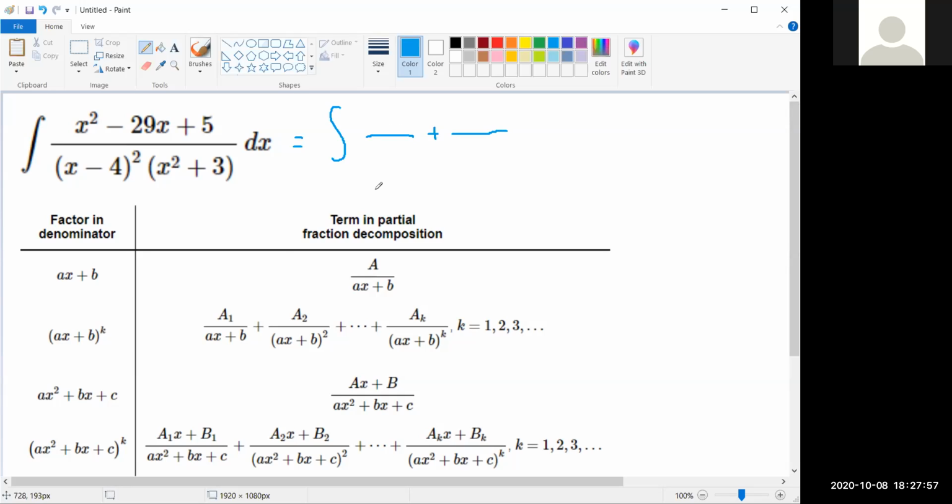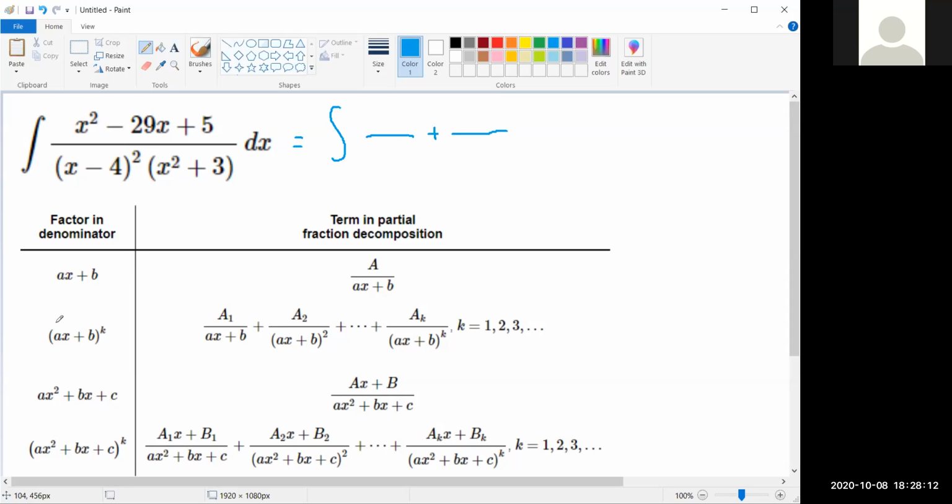Not quite. Here's a better question: which row are we in this table? Yeah, we're in the second row.